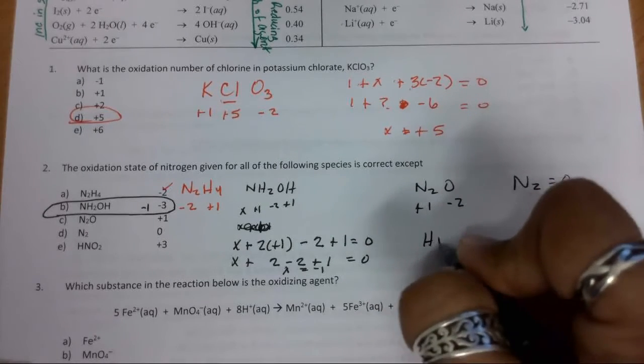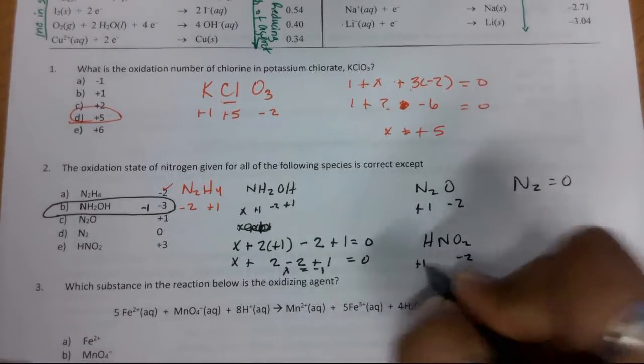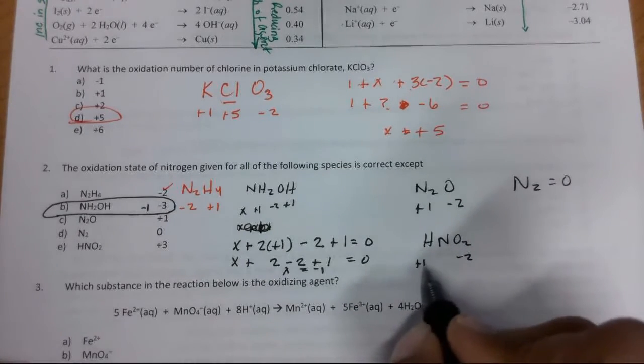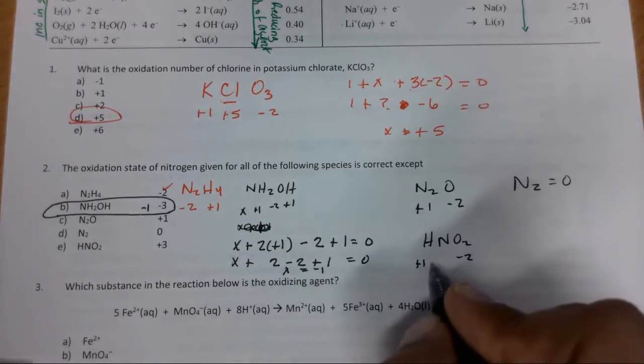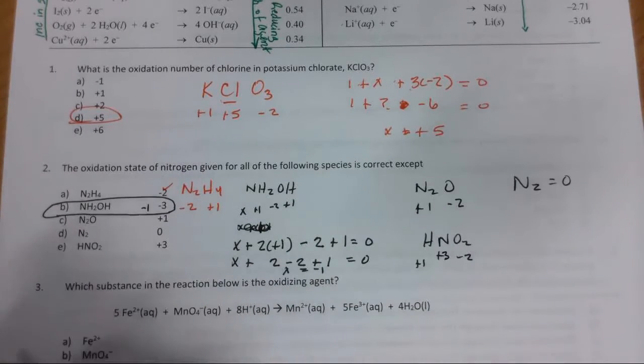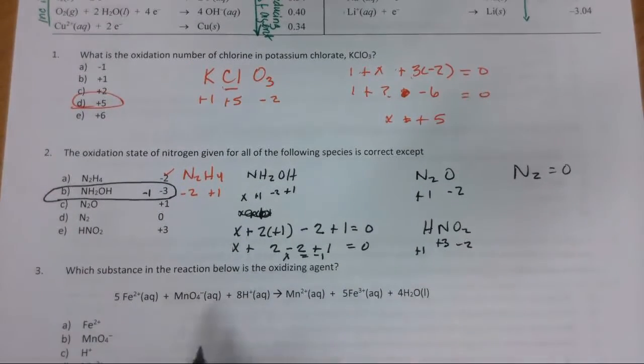And now we have HNO2. Okay, so this is minus 2. This is plus 1. So technically, if I do minus 2 times 2, that's minus 4. Plus 1 is going to be what? That's going to be minus 3. So that means this has to be a plus 3. Okay, and that's what I see here. All right, so make sure that you can find oxidation states.